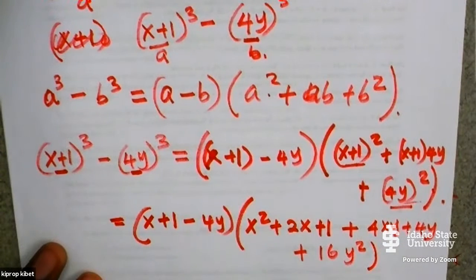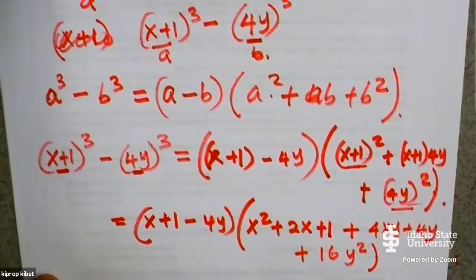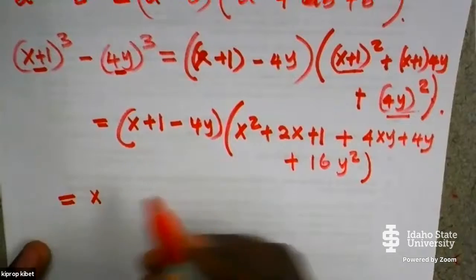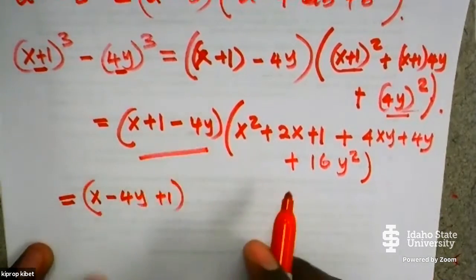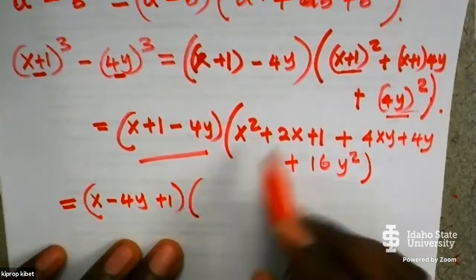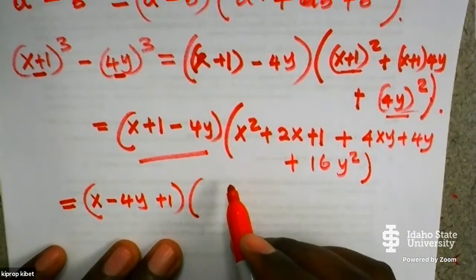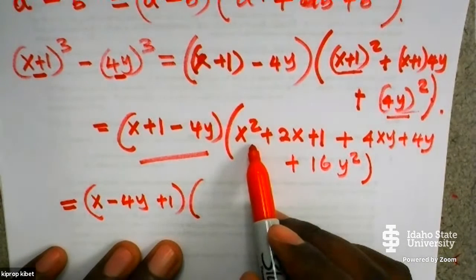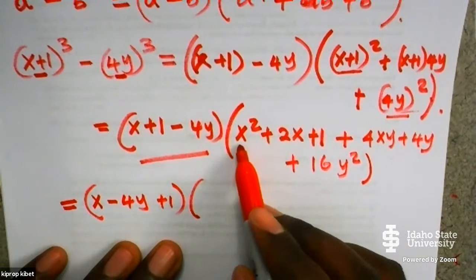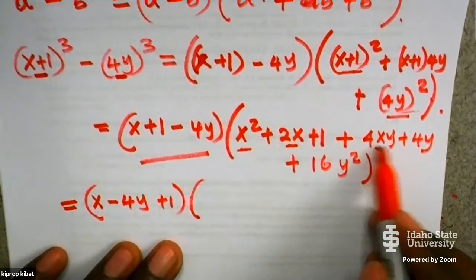Then you close that bracket. So finally, this is equal to x minus 4y plus 1, this is this one. And then we can take the x squared values together, okay?